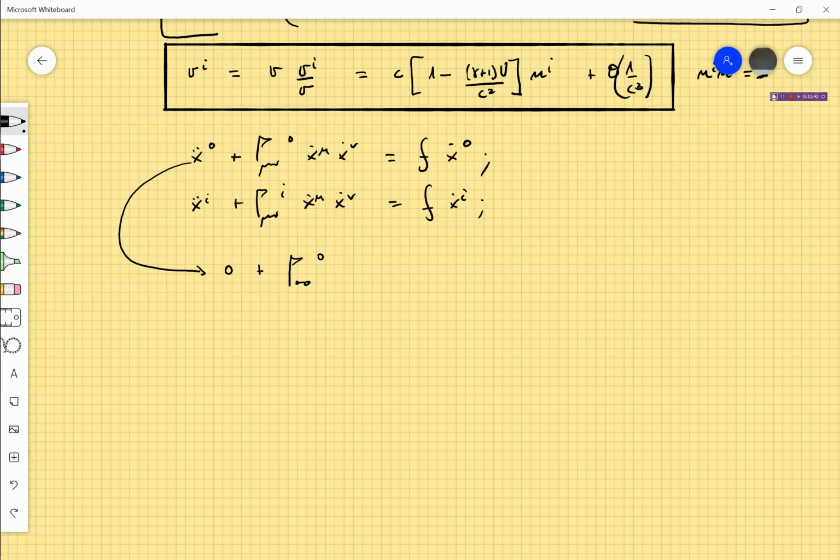We will have x dot 0 squared, but remember that gamma 0 0 0 for this kind of metric was just 0, plus 2 times gamma 0 i 0 times x dot 0, which is c, and x dot i, which is v^i, and finally we have gamma i j 0, which was again 0, since gamma i 0 was 0 for this metric. And x dot 0 f is just c f.